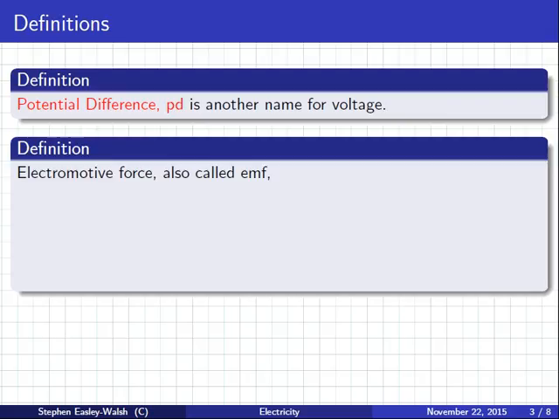Let's break it up into three parts. EMF, electromotive force. Electro. What could that mean? Electricity. Motive, motion, and force. So it's something like electrical motion force. So what could that be? Any ideas?